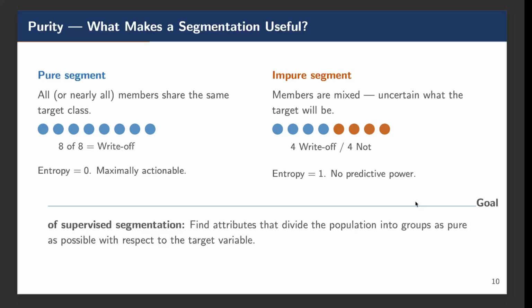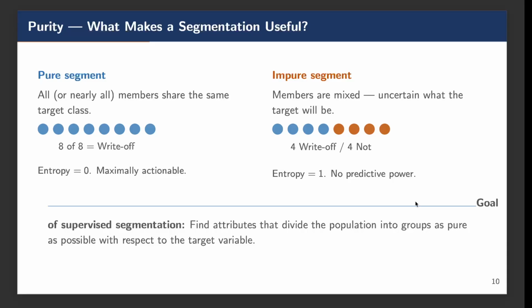A segmentation is useful if the groups are pure, which means that almost all of the members share the same target class. So let's say if 8 out of 8 people in a group are write-off, then that group is perfectly pure, and the entropy would be 0. On the other hand, an impure segment is more mixed.